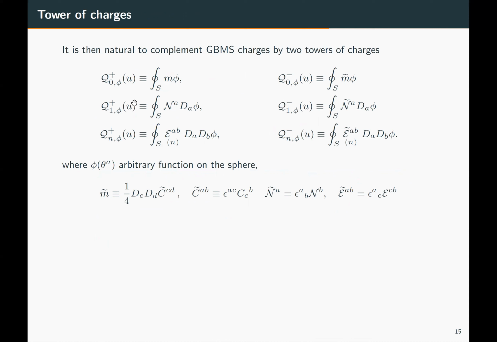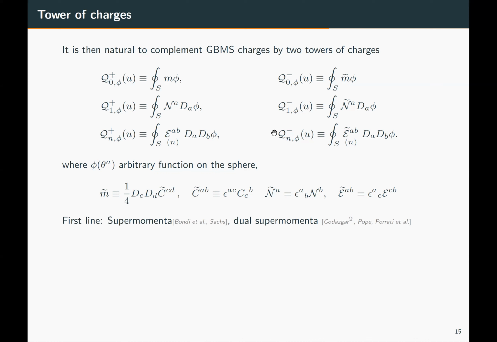The first line: this is the super translation charge. This is the dual super translation charge. The second line, the first one is the super angular momentum charge. The other one, which is its dual, is the center of mass charge, I mean, super center of mass charge.